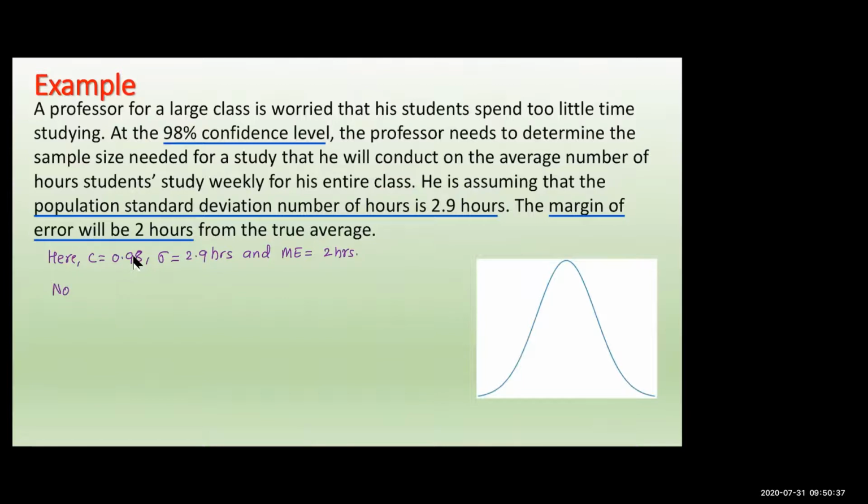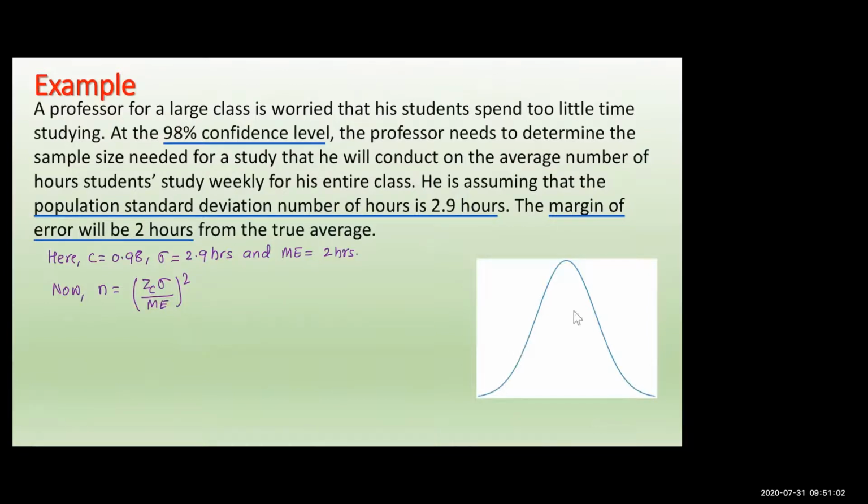If you remember the formula to calculate the sample size, n is equal to z sub c multiplied by sigma over the margin of error, squared. This is the formula to find the sample size. You have the sigma, you have the margin of error, but you don't have z sub c. So first thing we need is z critical.